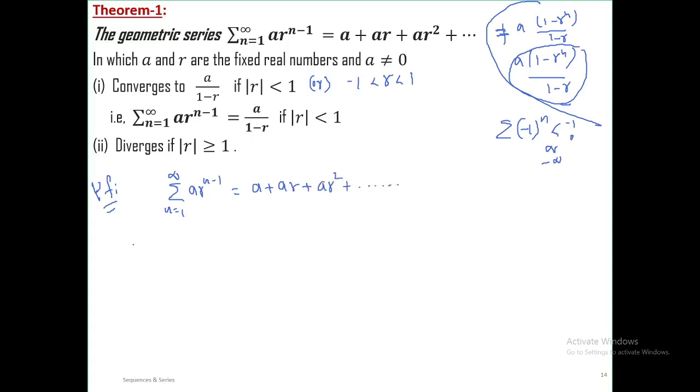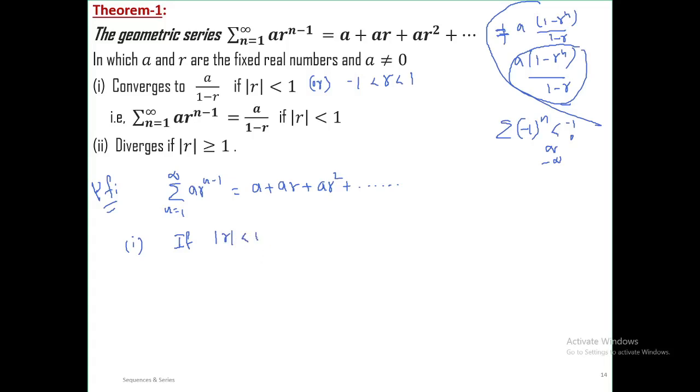Now look at the first case. I need to show that this series converges to a by 1 minus r if modulus of r is less than 1. So the condition is modulus of r less than 1, then I need to proceed.